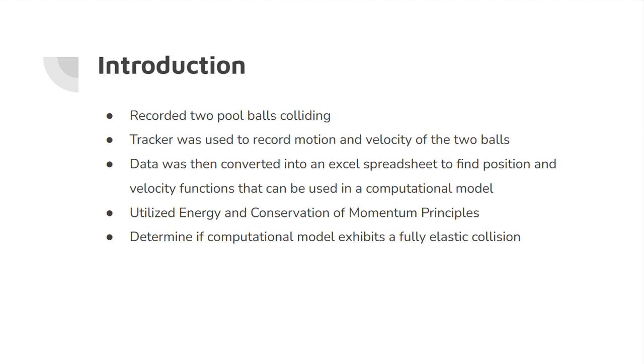for it. And so I utilized the energy and conservation of momentum principles for this lab, and the goal was to determine if the computational model or if the real system exhibits a fully elastic collision.